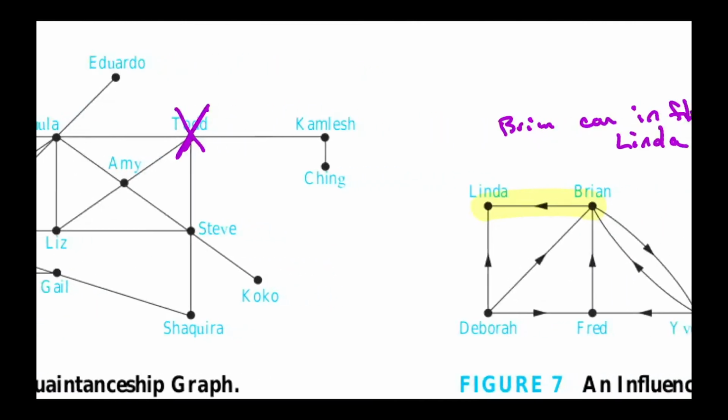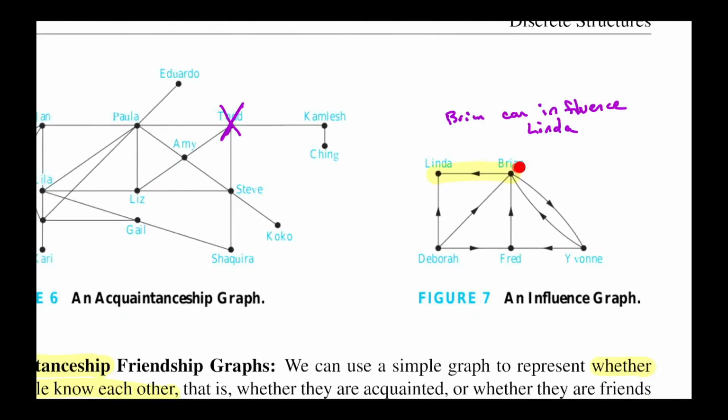But the graphs are a lot more complicated than just an acquaintanceship graph, right? Because Facebook keeps track of everything that people like and everything that they don't like, and it knows a lot more than just which people can influence you and which people you can influence. It knows how much you can influence them, and it probably knows what topics you can influence them on, and all kinds of things.